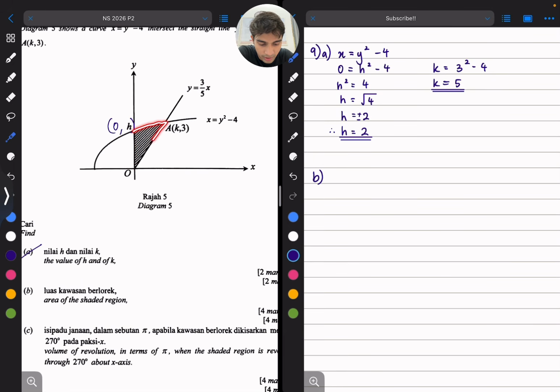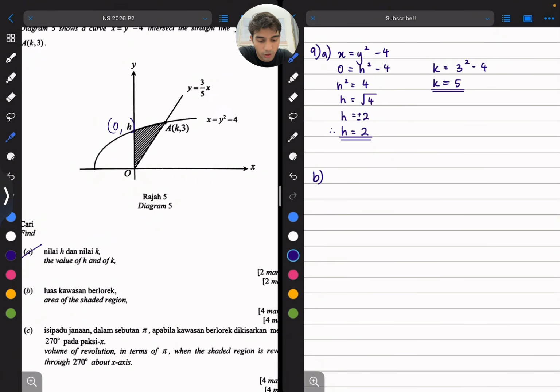Or we can find this region minus this region. Why do I say these particular regions? Because when you integrate the curve from this point to this point, you'll get the whole area. Then when you integrate the straight line from this point to this point, you'll get this area. So if you minus these two areas off, you will get the shaded region.